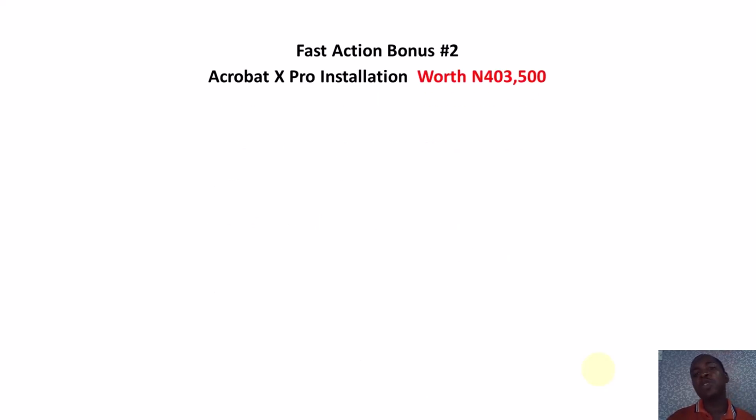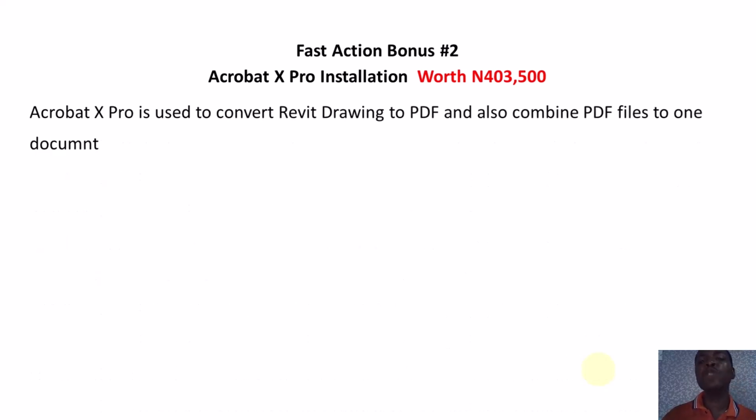Then I'm also going to be giving you Acrobat X Pro. I'm going to be showing you how you can install it on your computer. Now if you want to buy this software, go and browse it on the internet. You see that the cost is worth 403,500 naira. That is the worth of this software, and I am giving it to you for free today if you are buying this course now after this video.